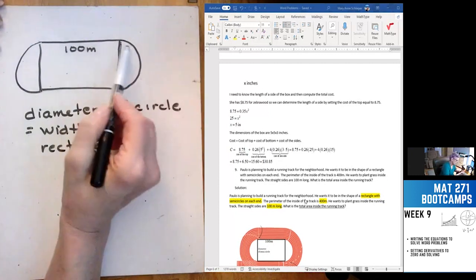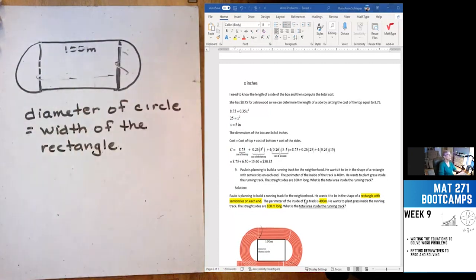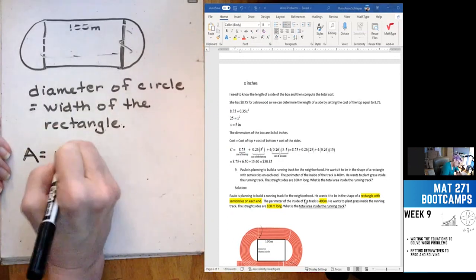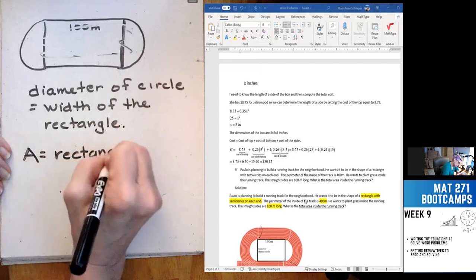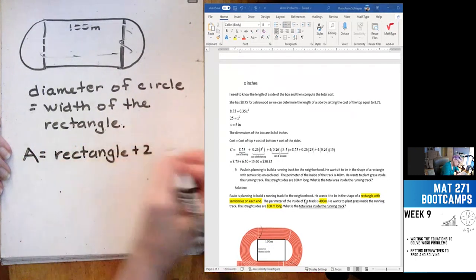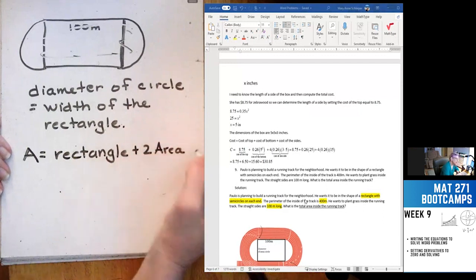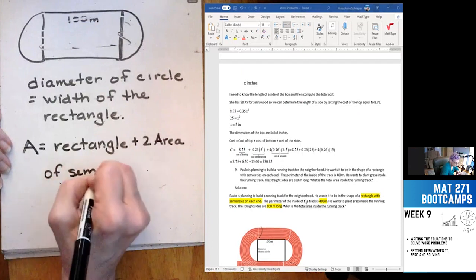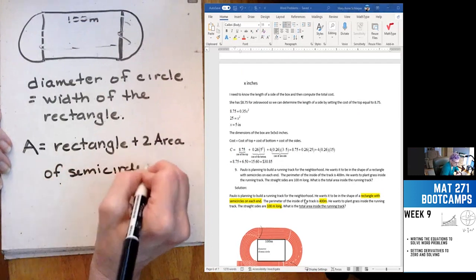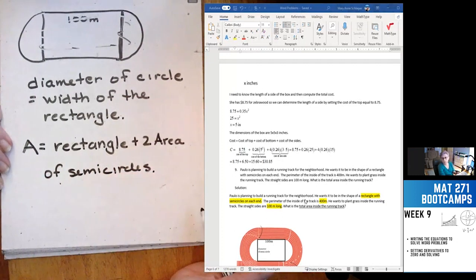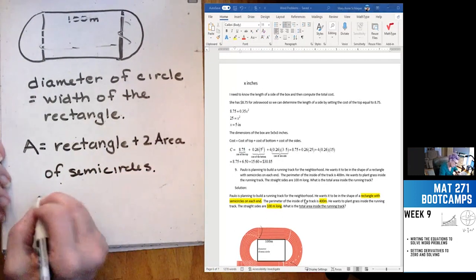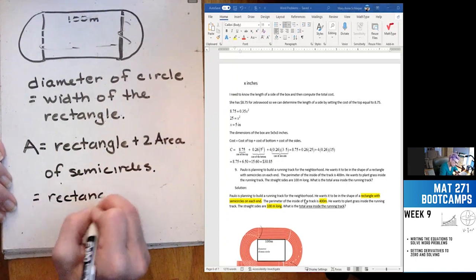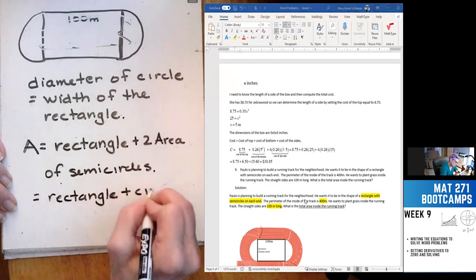Now my goal is to figure out the area of this whole section here. So it's going to be the area of the rectangle plus 2 times the area of these half circles. But if you add 2 semicircles together, you just get a circle. So it's really just the area of a rectangle plus a circle.